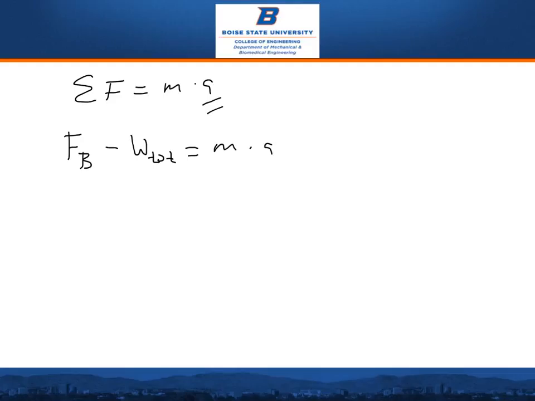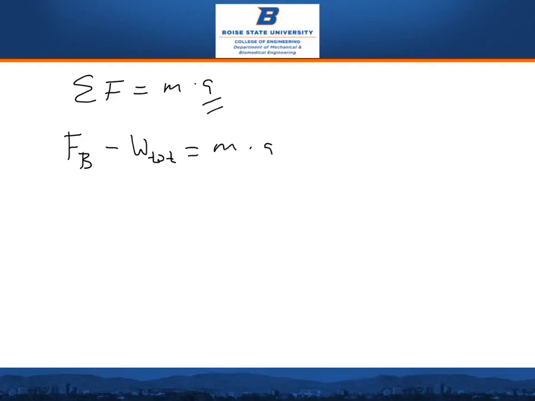Now that we've solved some of these preliminary steps, we'll use Newton's second law, which states that the sum of the forces equals mass times acceleration. And remember that acceleration is what we're trying to solve for. So using our free body diagram from the previous screen, we'll have Fb minus the total weight equals mass times acceleration.